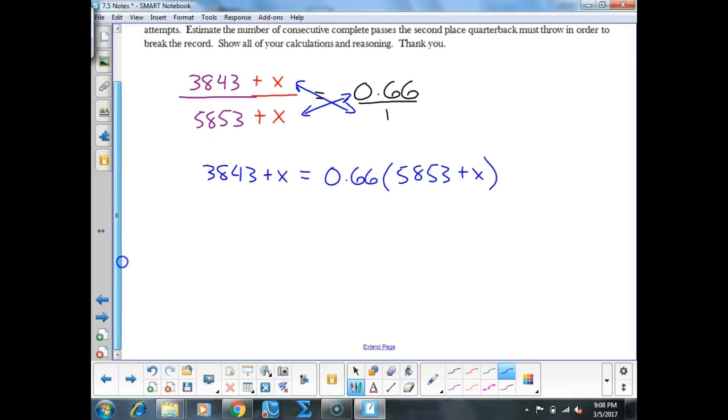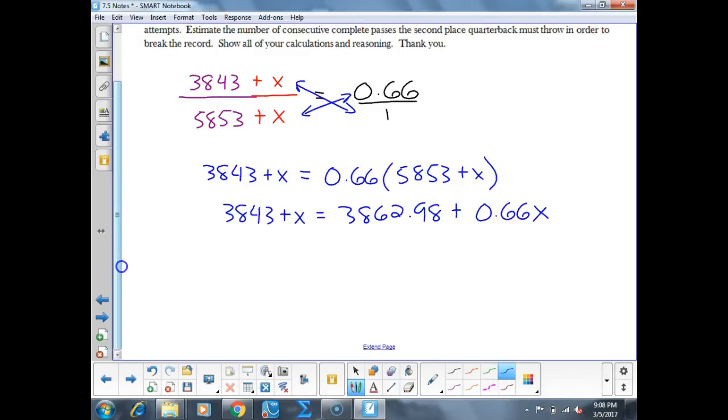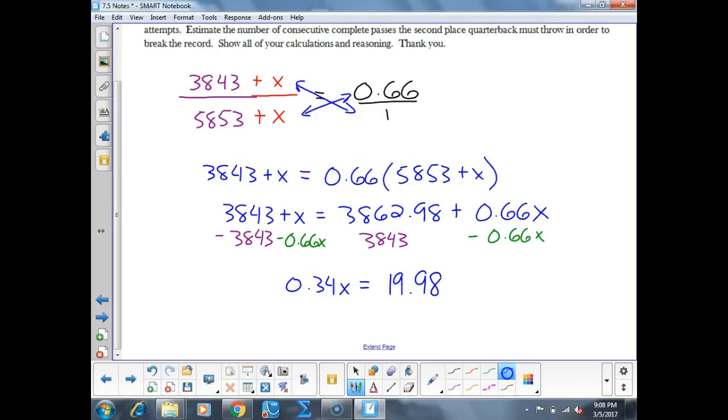So that gives me 3843 plus x equals 3862.98 plus 0.66x, subtracting 0.66x, while at the same time subtracting 3,843, gets me 0.34x equals 19.98.